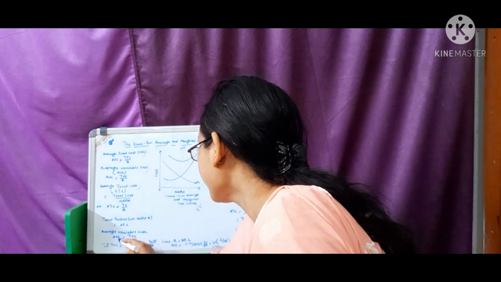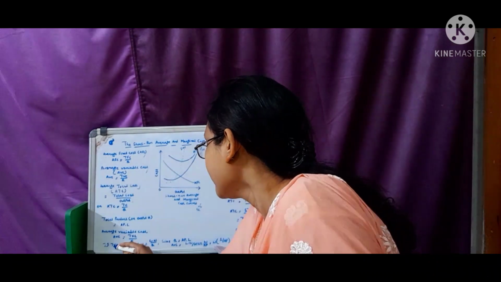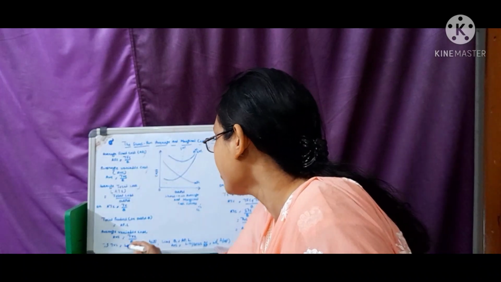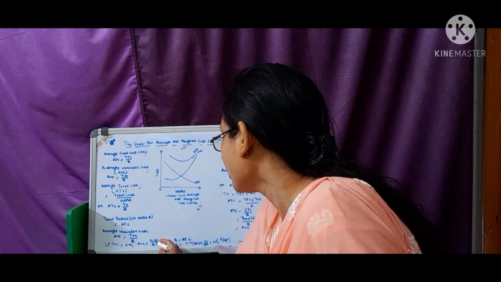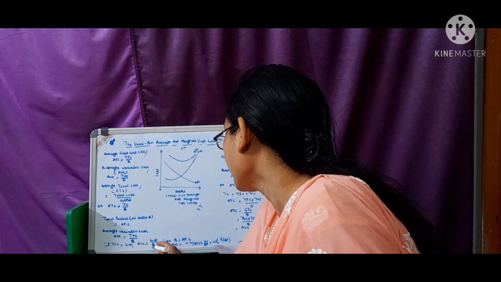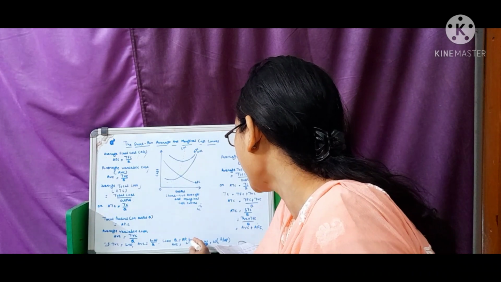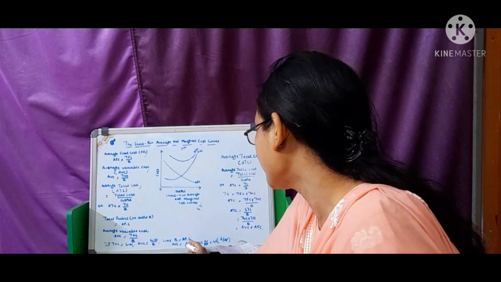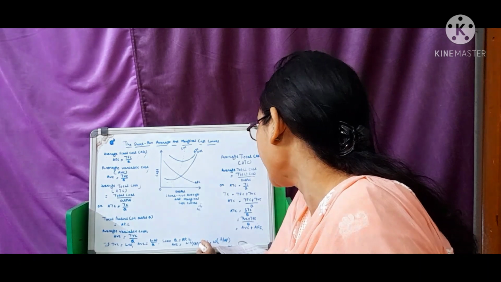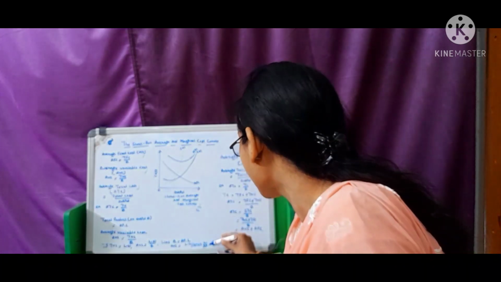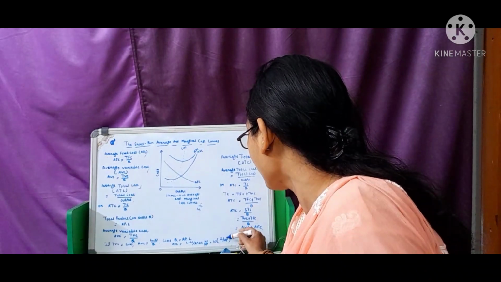Average variable cost AVC equals total variable cost divided by Q. If total variable cost equals L into W, then average variable cost equals L into W divided by Q. Since Q equals AP into L, average variable cost equals L into W divided by AP into L, which equals W divided by AP, which equals W times (1 by AP).